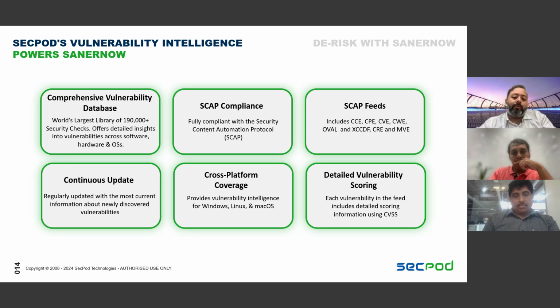We have been one of the largest contributors to the SCAP repo, and on that basis we created our own commercial grade SCAP feed, which is again the largest in the industry. This feeds intelligence to other large technology vendors who use our SCAP feed in the backend to generate vulnerability intelligence. Great, it's very interesting.